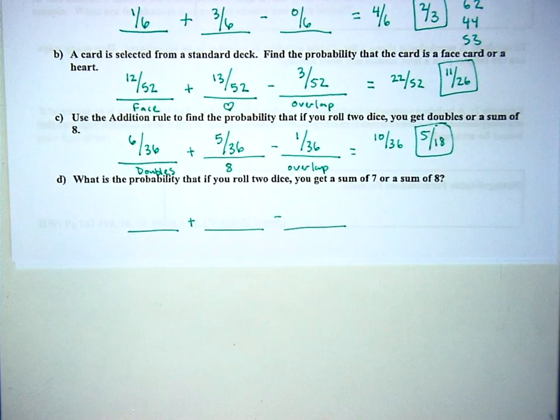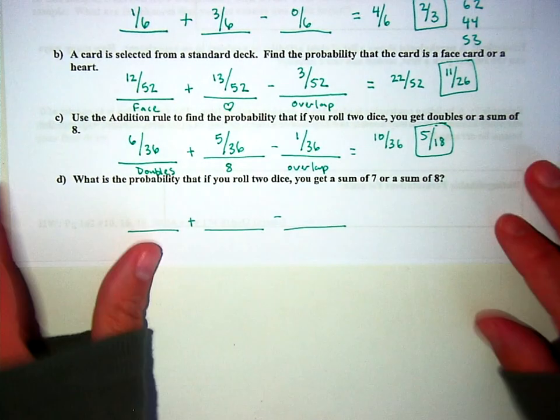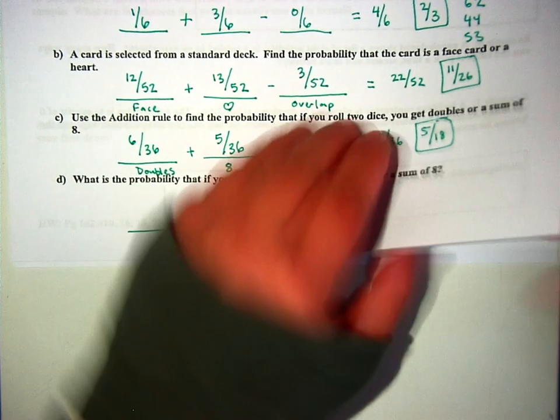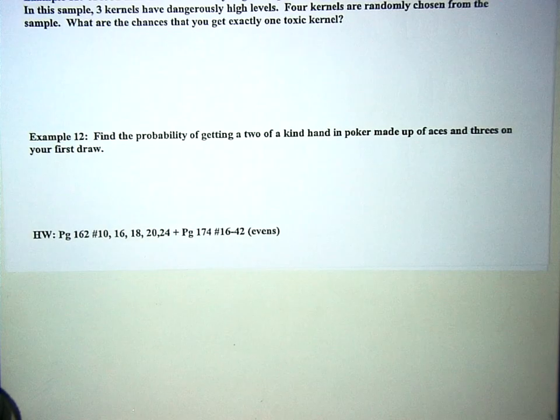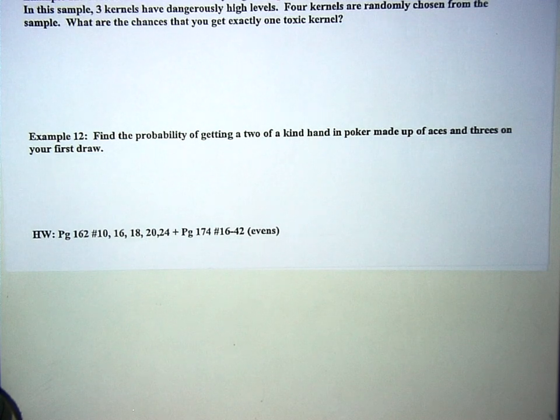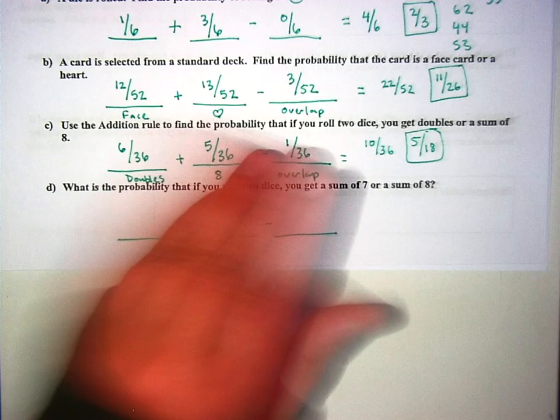Yeah, what? Can things add up to 7 and add up to 8 at the same time?